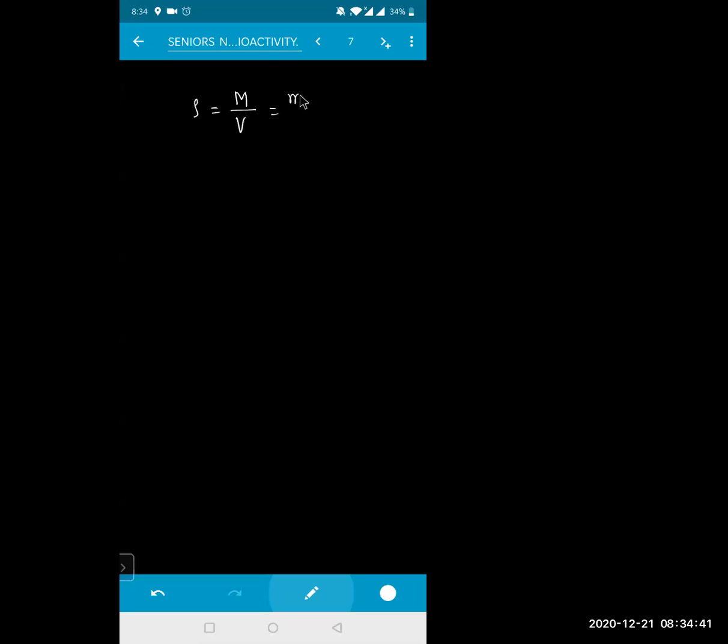Total mass is nothing but m into A, divided by volume, which is 4 by 3 pi into capital R cube. If I simplify this, the R value I already know: R is equal to R naught into A to the power of 1 by 3, the whole cubed.